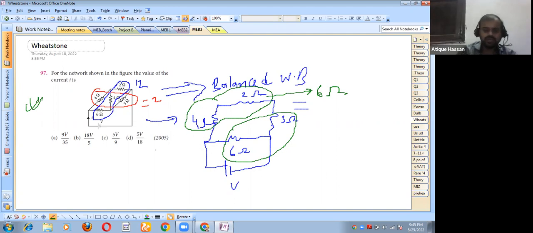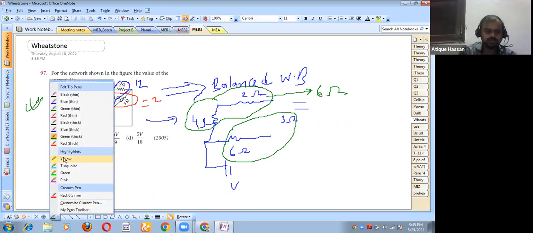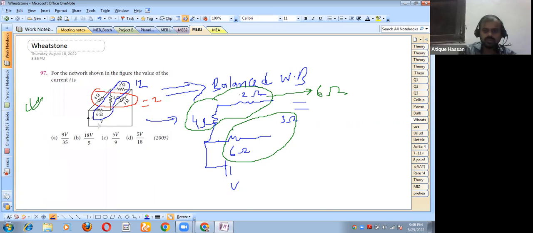Sorry, the point is there is a mistake in the connection. This point is connected there. So this point is not connected here.